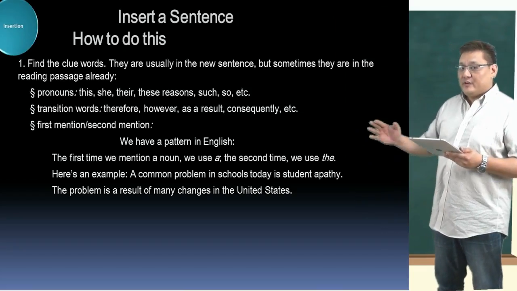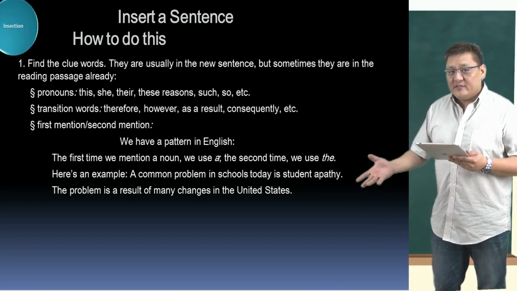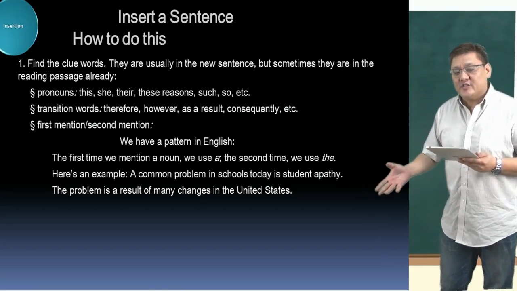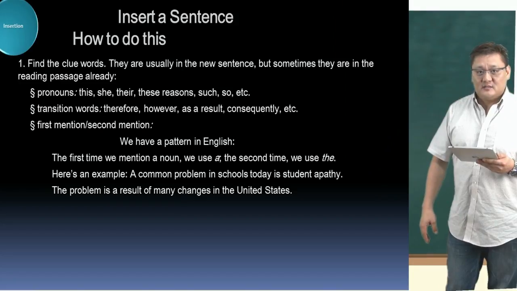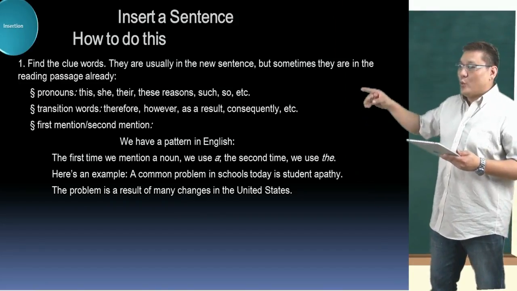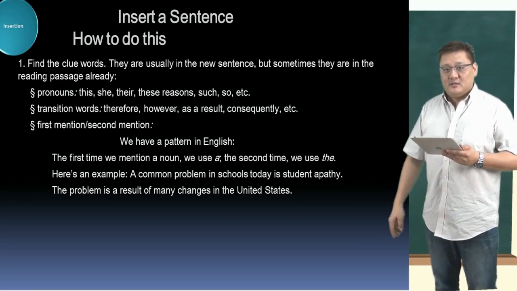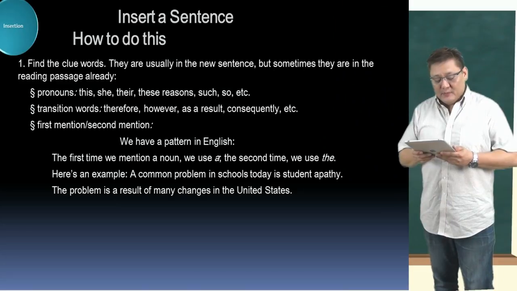So in the English language, we reverse it. Okay? So, hint: if the sentence before what you're going to insert starts with a, and you start with the, it's most likely not there. Okay? This method tells you where not to put it in. Not where to put it in, where not to put it in.